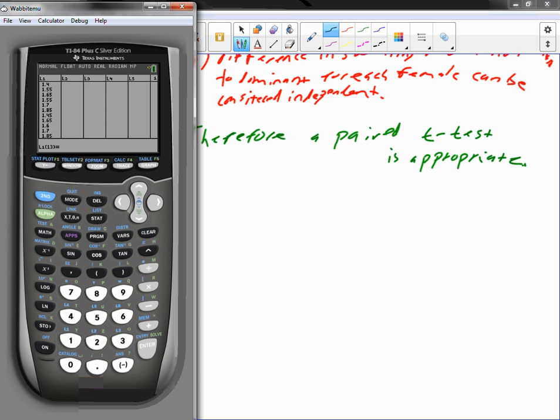Okay, that's the 12 dominant feet, and then we got the non-dominants.